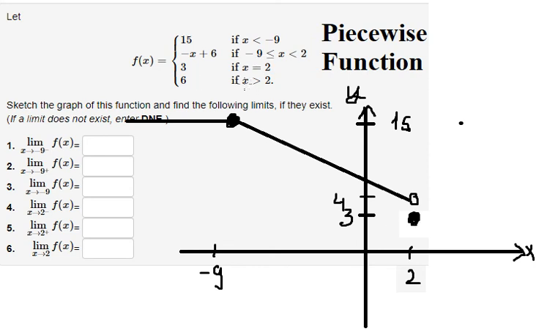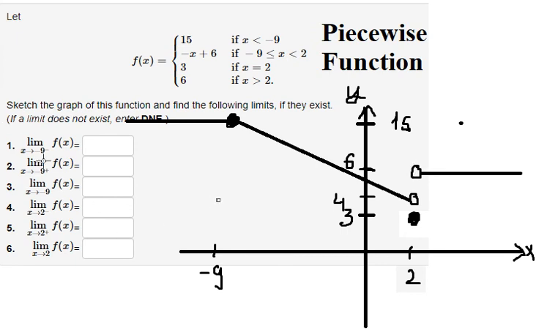And the next one, when s is greater than 2, we have f of s equals 6. So 6 should be in here. Because we don't have the equal sign at 2, that's why we have the white dot.